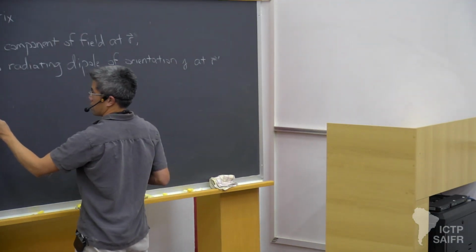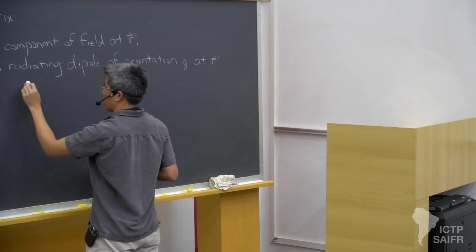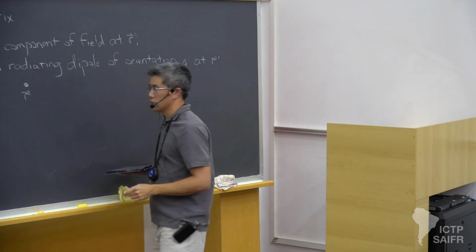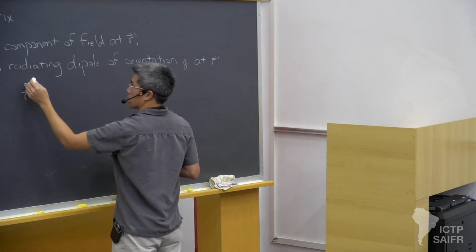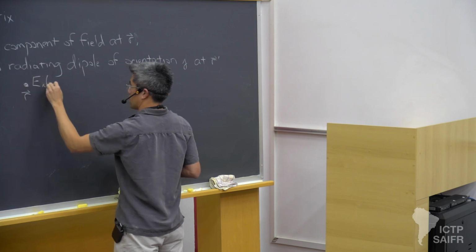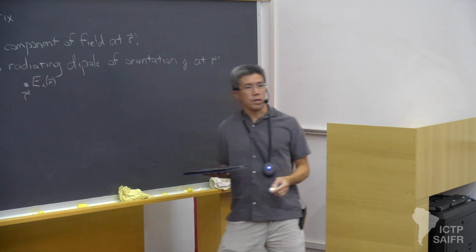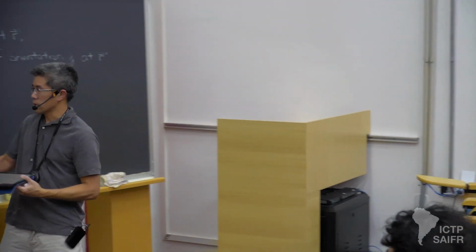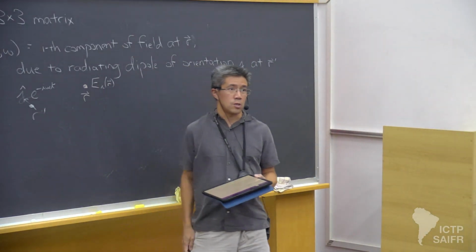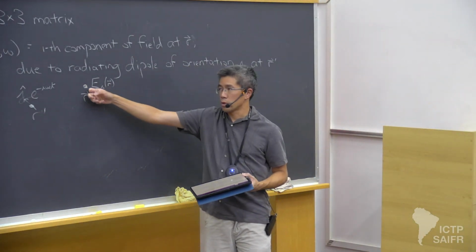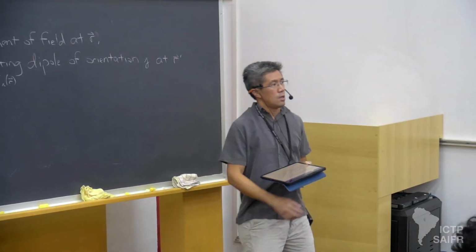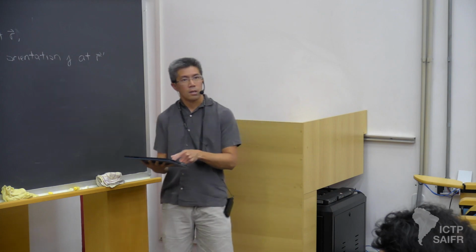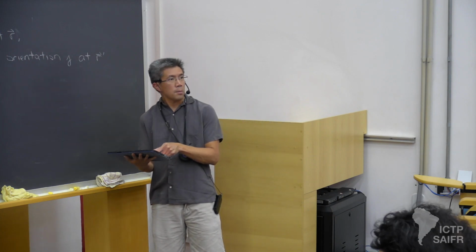Then I'm trying to find the component of the fields at some observation point R. It makes sense: my dipole can have 3 possible orientations, x, y, and z, and then I have to ask what are the 3 components of the field radiated at position R. Any questions on that?